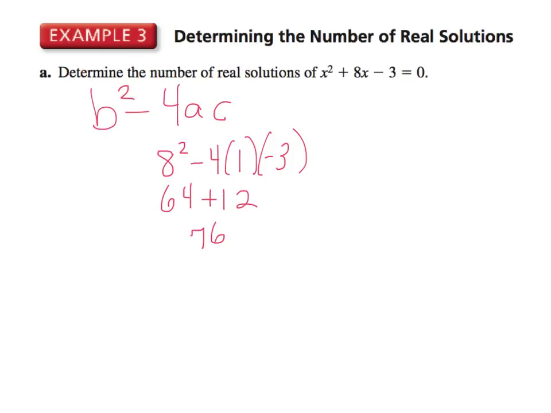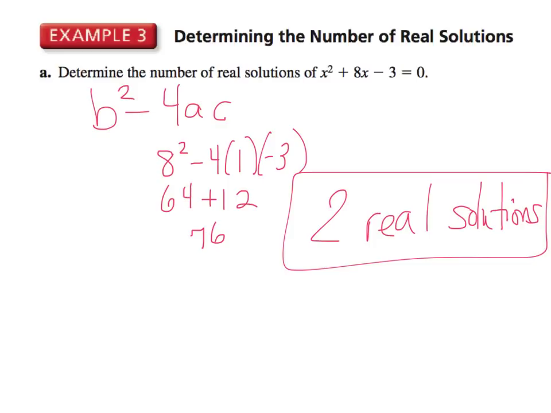It's positive. I have 2 real solutions. So, what does that tell me? I have 2 real solutions, which means my graph would cross it how many times? Twice.